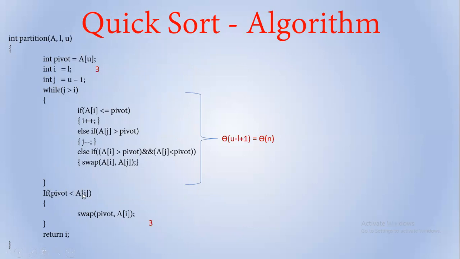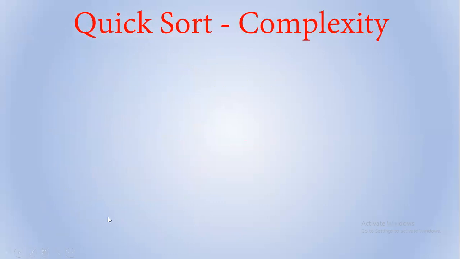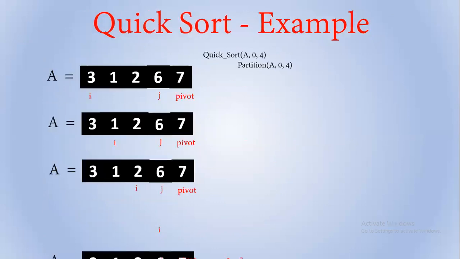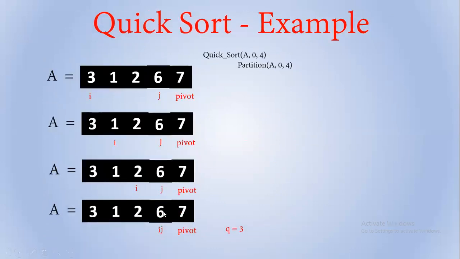If A[3] is greater than pivot, then it should swap, exchange. Here, I is equal to 3, A[3] is 6, and 6 is not greater than 7, so it will not swap.